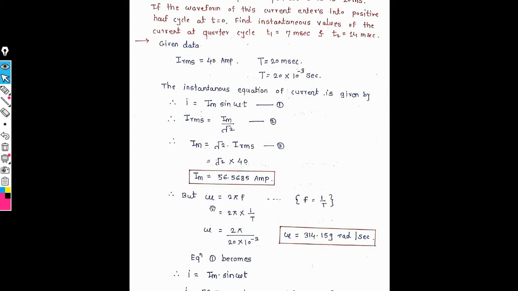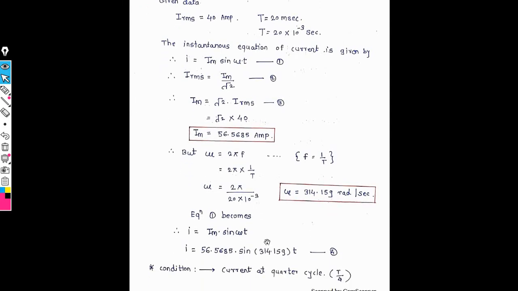Then also omega is equal to 2 pi f. Put f is equal to 1 upon T here. The time is already given, that is T is equal to 20 into 10 raised to minus 3 second. That is omega is equal to 2 pi upon 20 into 10 raised to minus 3. Then both values are put here, the values of Im and omega.